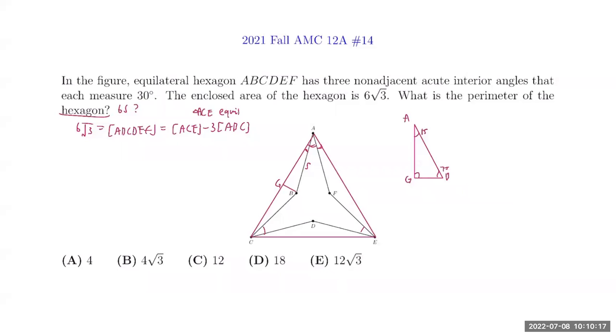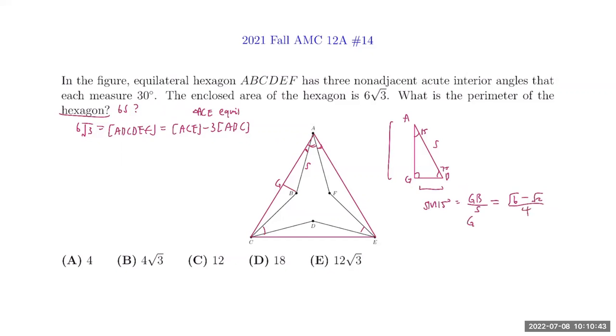We have AB is S. Then how do we find AG and GB to ultimately find the area of this triangle? Well, the sine of 15 degrees is equal to GB over S, and that's also equal to √6 minus √2 over 4.